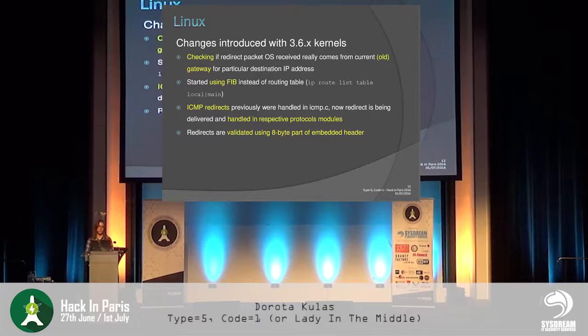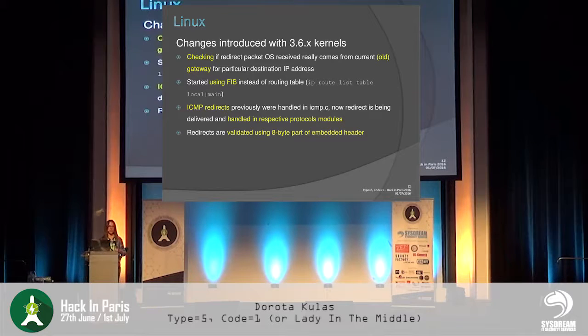So what did they change? When the attacker, or the real gateway, sends this ICMP redirect packet, the Linux kernel will now check if the source IP address of this redirect packet is the same as the default gateway, or the gateway to reach the destination we have in mind.